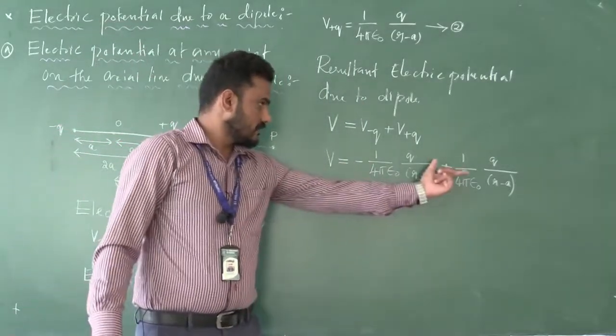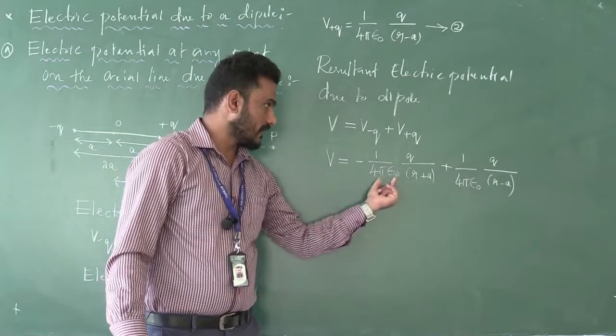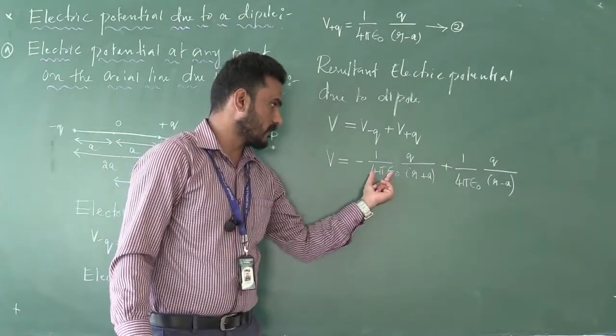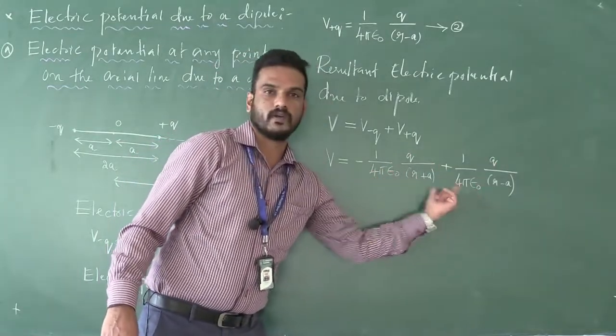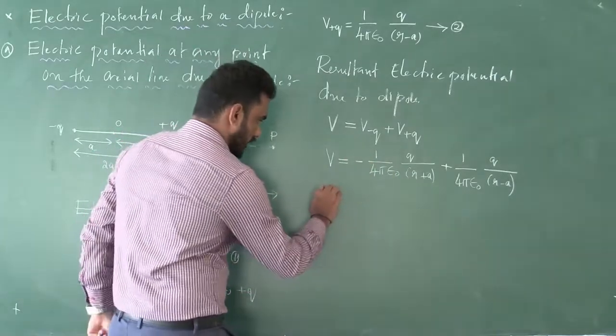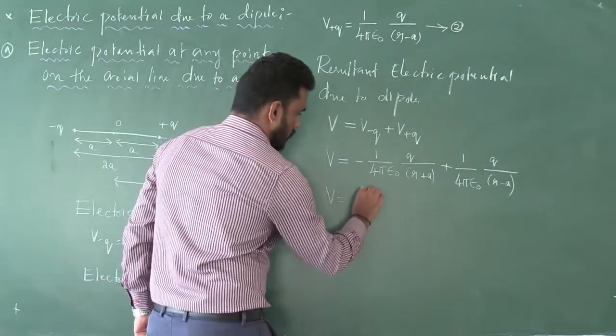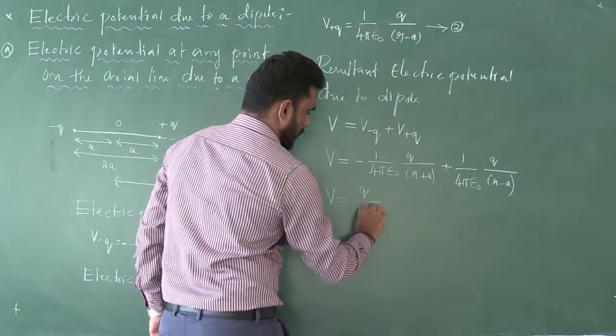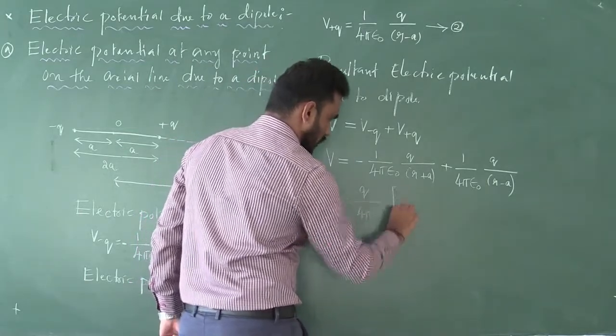Look at this equation. Here we can take Q divided by 4 pi epsilon naught as a common factor, then open the bracket.